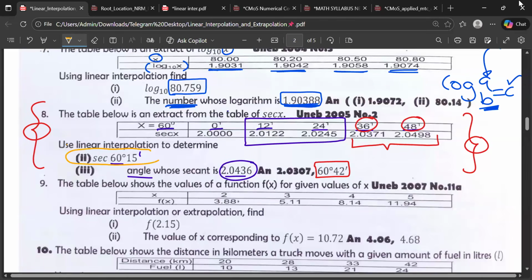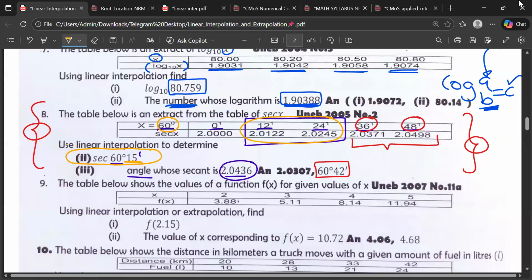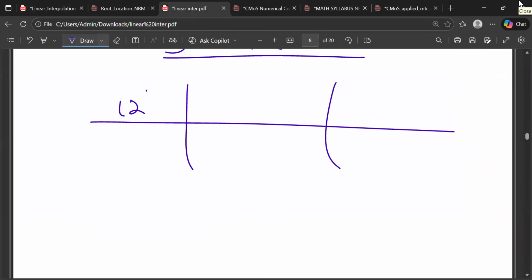So they're asking for 60 degrees 15 minutes. The 60 is constant and what varies are the minutes, and we are saying 15 minutes is between 12 and 24 minutes.